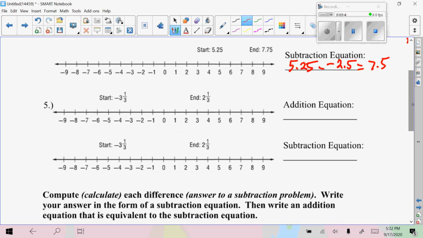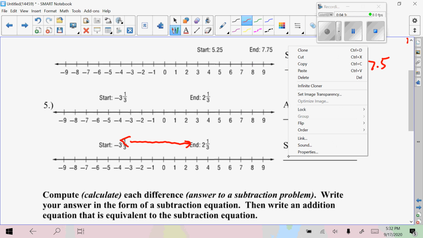Okay, let's do this fraction one. We're starting at -3 1/3. And I'll do the subtraction one this time, and you can do the addition one. So subtraction means I'm facing to the left. I'm ending at 2 1/3, which means I'm going backwards, which means I have to have a negative number.